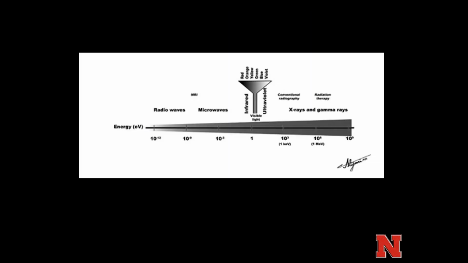Here is a graphical representation of the various forms of radiation energy. You have low energy, non-harmful waves like radio waves. You have microwaves. Then you get up into the things that can do soft tissue damage and harm, like infrared, below red. Here is the visible light spectrum: red, orange, yellow, green, blue, violet.